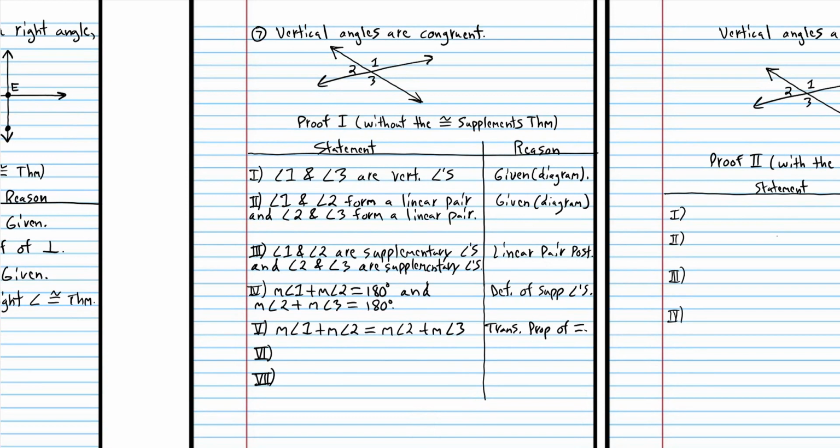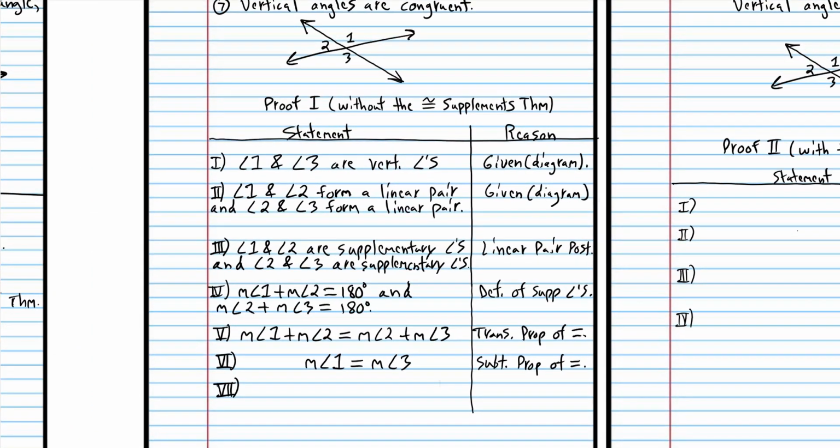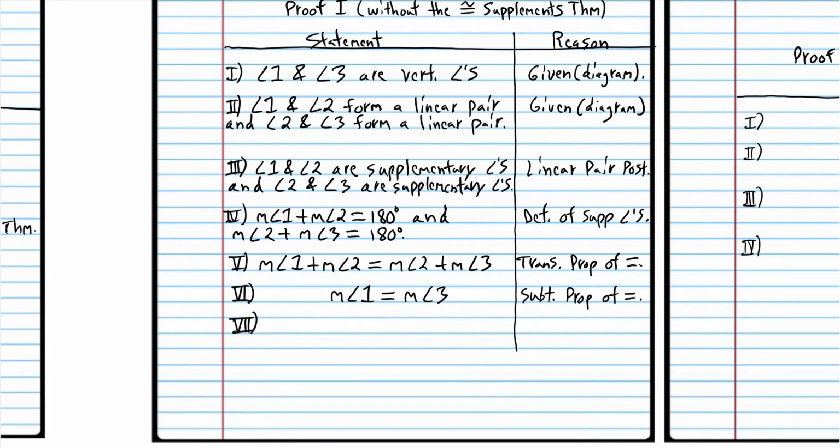So we're going to subtract measure of angle 2, and we get measure of angle 1 is equal to measure of angle 3. And that is the subtraction property of equality. And then we can just say angle 1 is congruent to angle 3 by the definition of congruent angles.